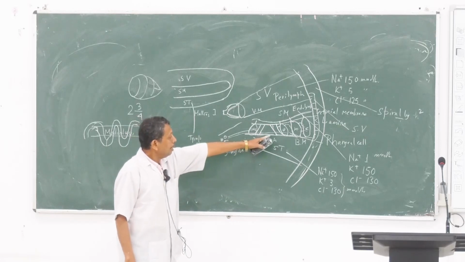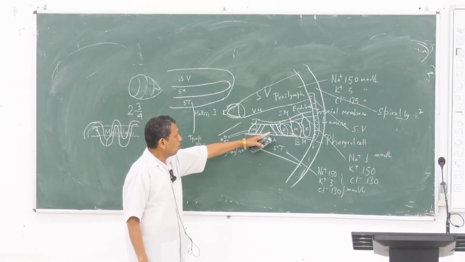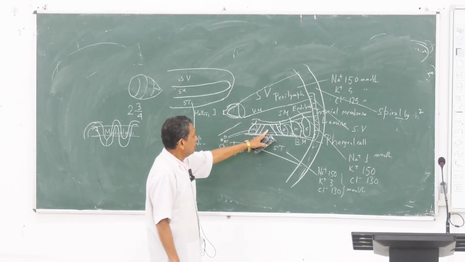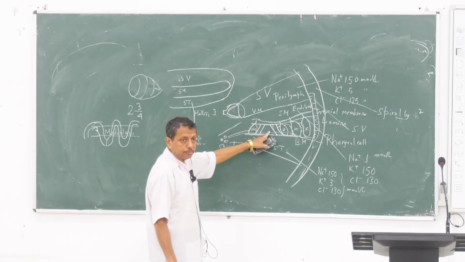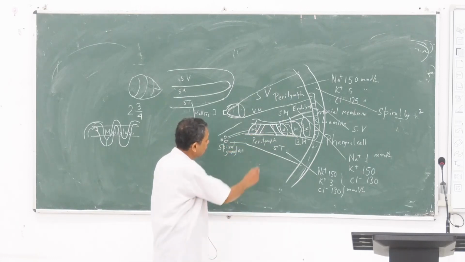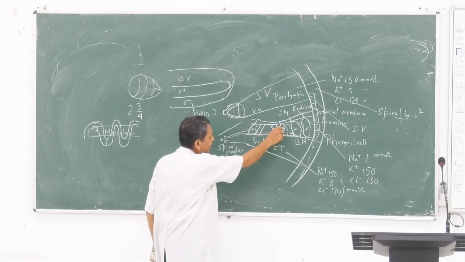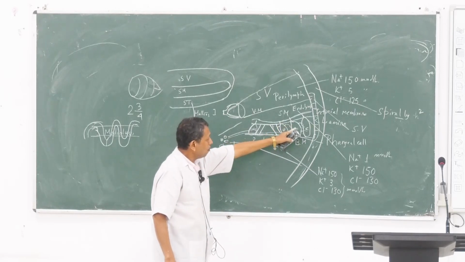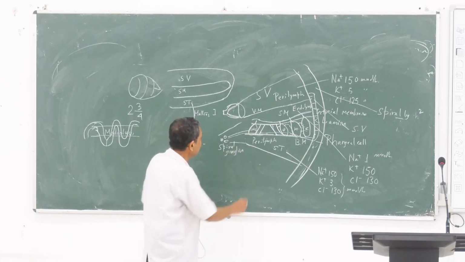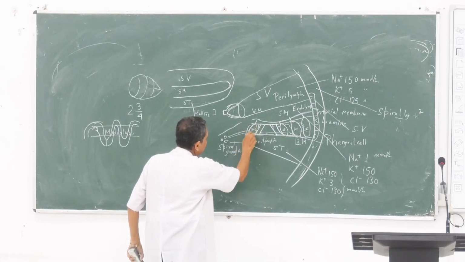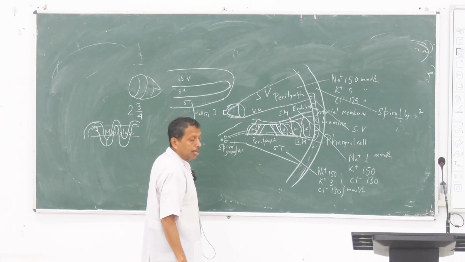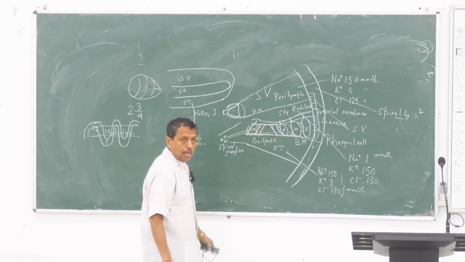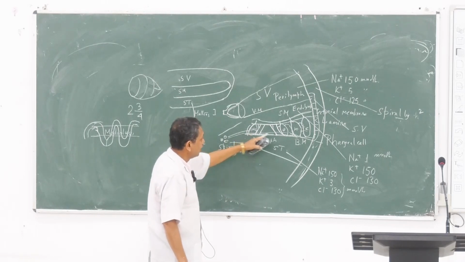There are three rows of hair cells, and the tunnel of Corti communicates with the perilymph, and there are tight junctions between these hair cells and the phalangeal cells, outer and inner phalangeal cells. The apex of the hair cells is exposed to endolymph, but the base is in communication with perilymph.